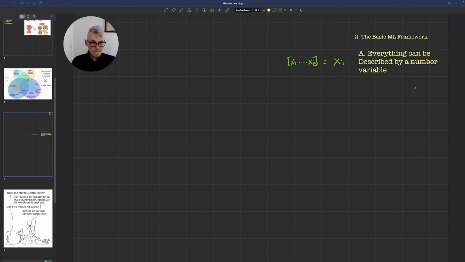Second is sort of a corollary to the first one: relationships. I call these relationships.